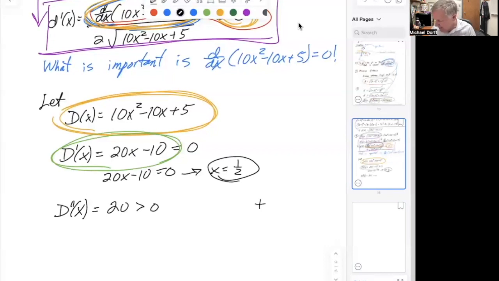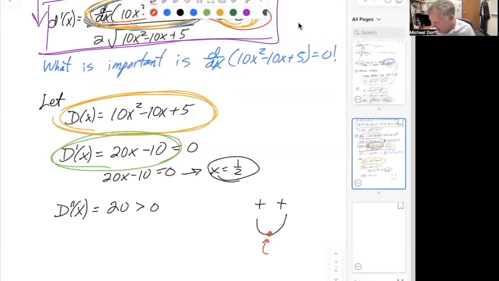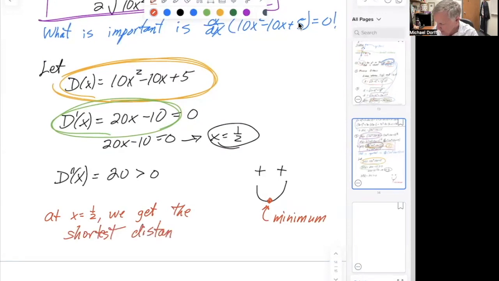That means I have plus plus, smiley face, and at the bottom of that smiley face, because I have a critical number, it is a minimum. So at the critical number, x equals a half, we have a minimum. So at x equals a half, we get the shortest distance, because that represents what we're trying to find, the minimum there.